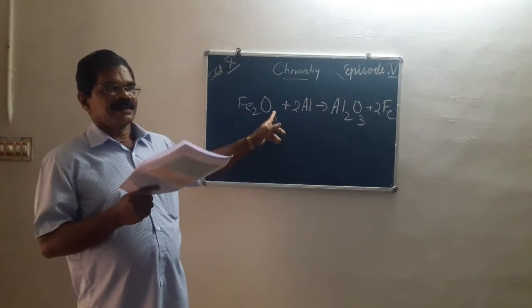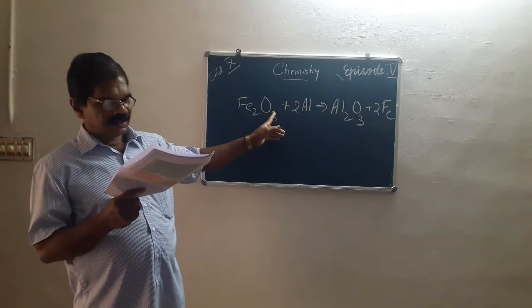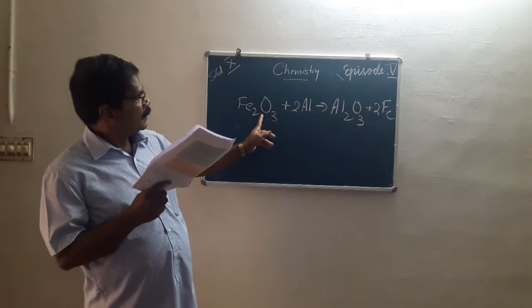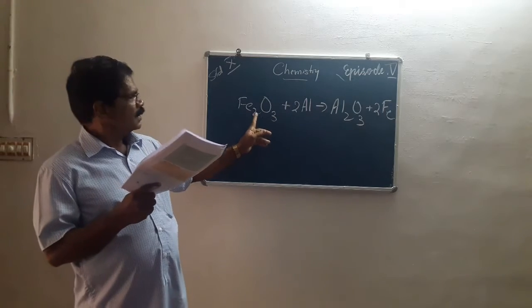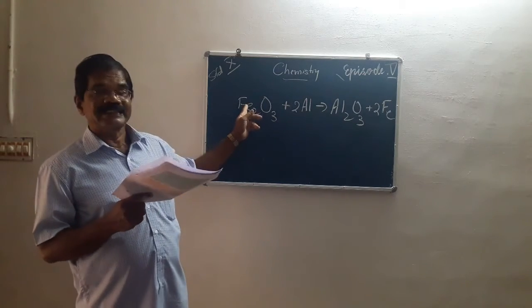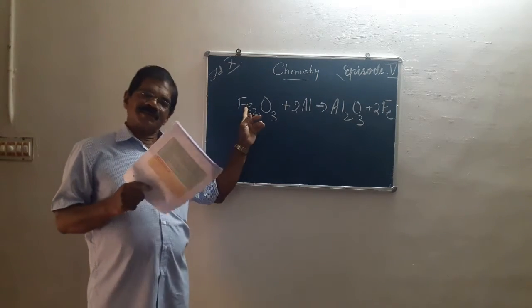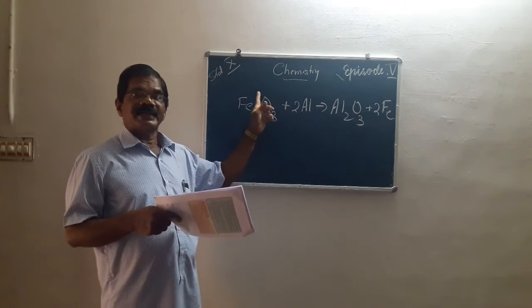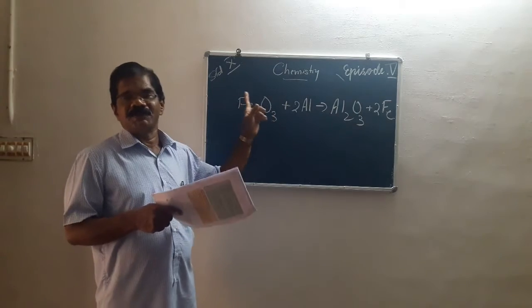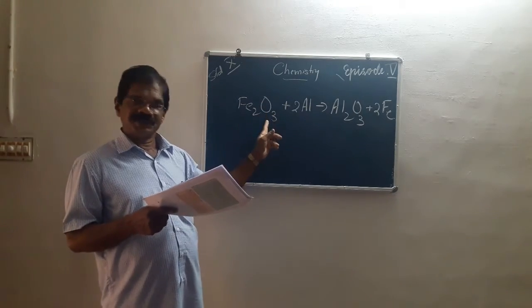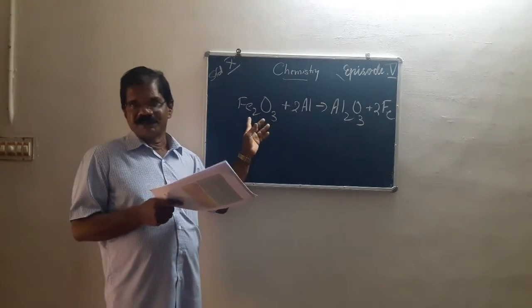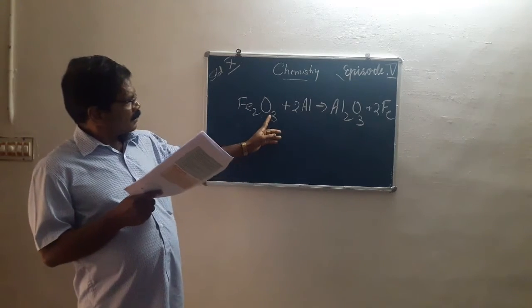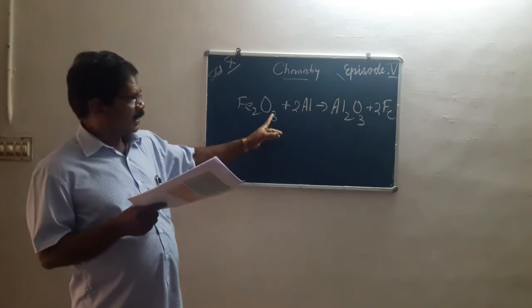Fe2O3, what is the meaning? Ferric oxide. Iron is a transition metal. It has two valencies, ferrous and ferric. You must study it.